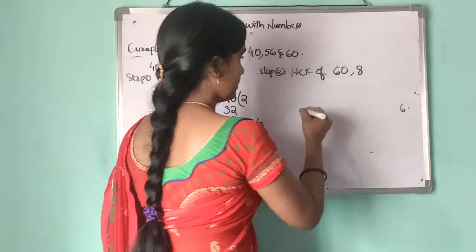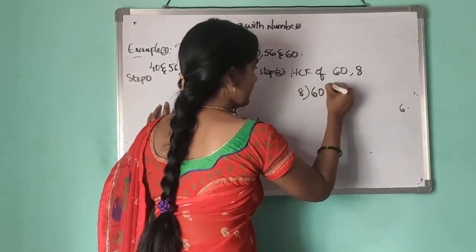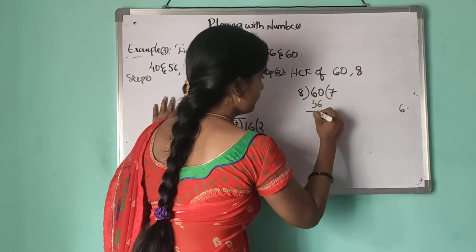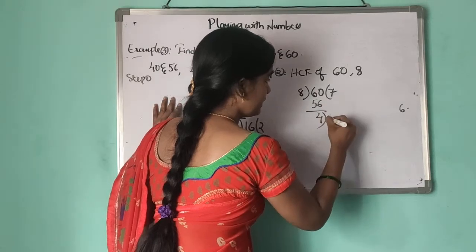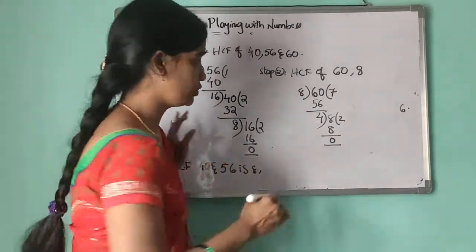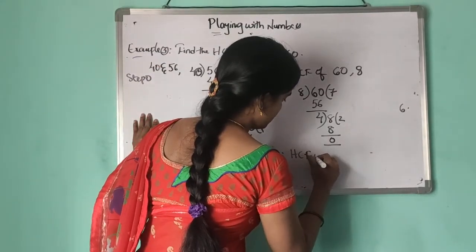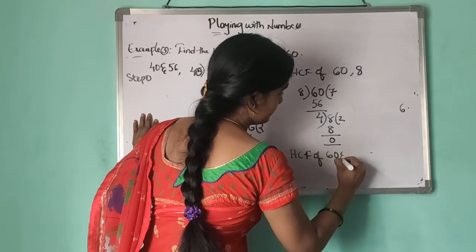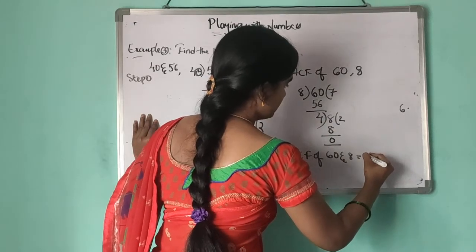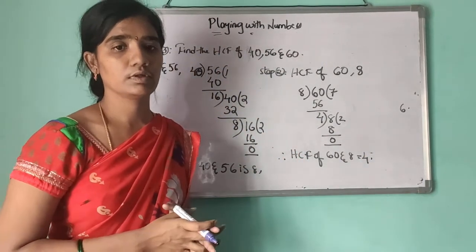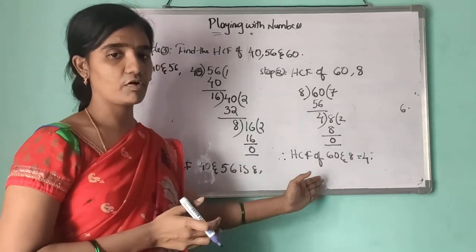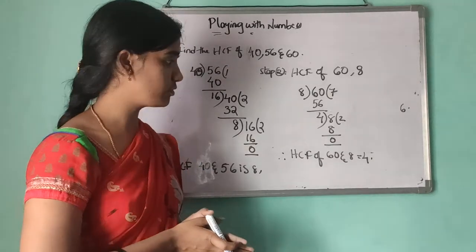To find the answer: 60 divided by 8, 7 8s are 56, the remainder is 4. Then the previous divisor 8 divided by 4: 2 4s are 8, and the remainder is 0. So the HCF of 60 and 8 equals 4. The HCF of 40, 56 and 60 equals 4.